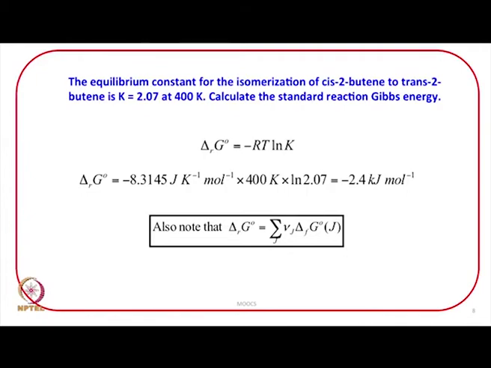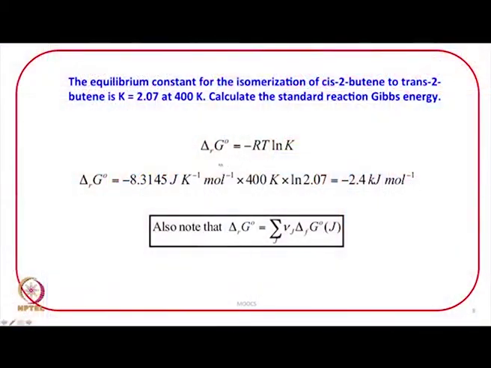So, whether the product will be formed or not, one can predict from the value of delta G naught if somehow we can get it. Or alternatively, if we know the value of K, we can calculate delta G naught.